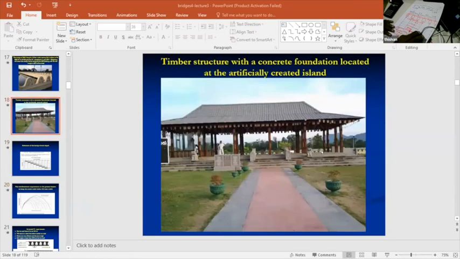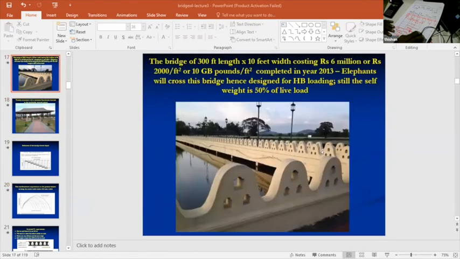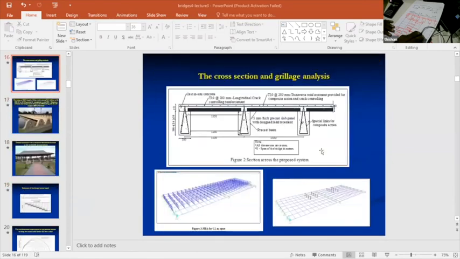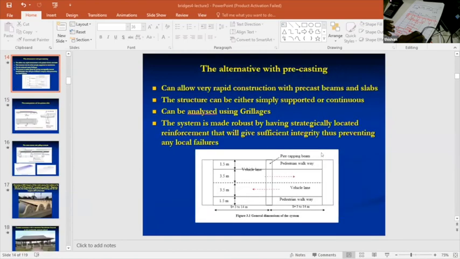So if you want to optimize a reinforced concrete structure, don't go for a slab bridge. If you just go for a slab, then you are losing a lot of concrete, because concrete is cracked in a slab bridge, and in addition it adds to the weight of the structure.